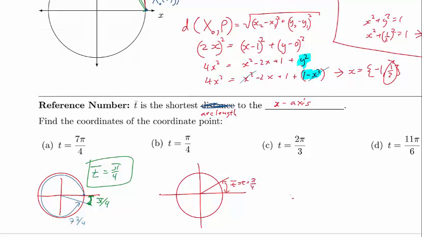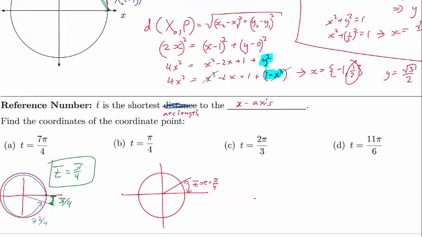So the reference number sometimes is the terminal length, but clearly not always. 2 pi over 3, note that we're 1/3 of a pi short of being a half rotation.